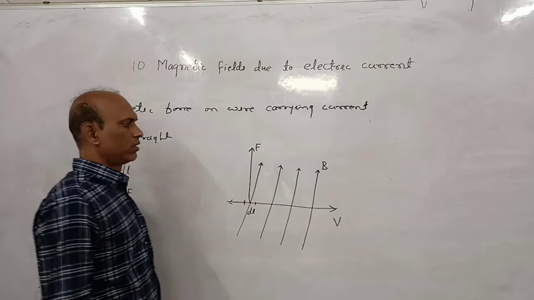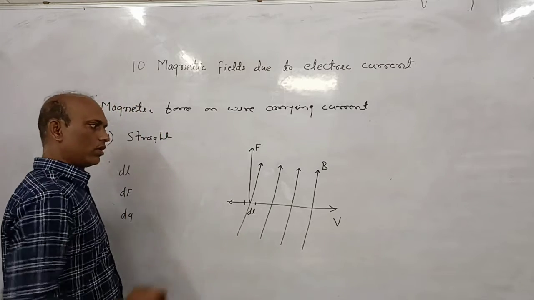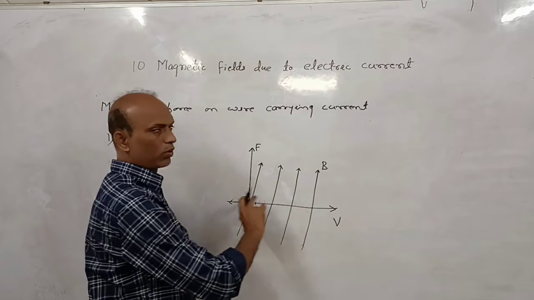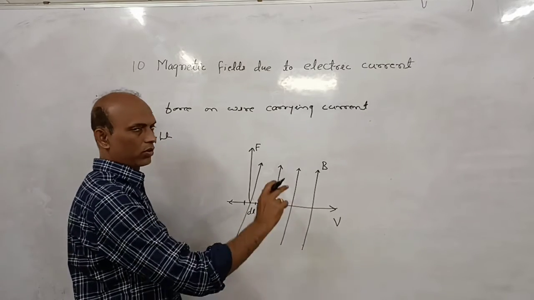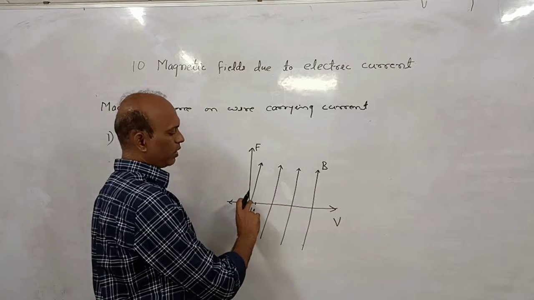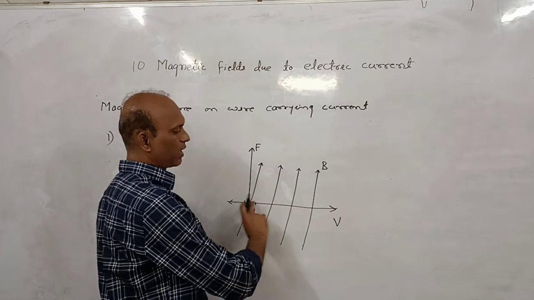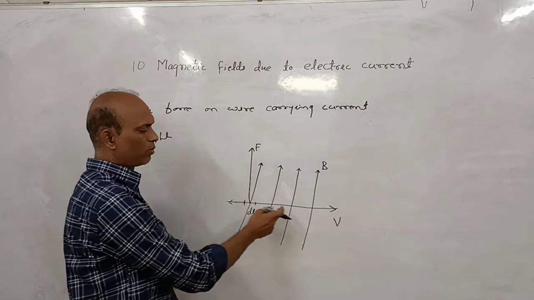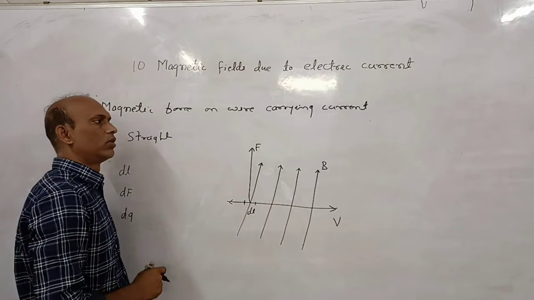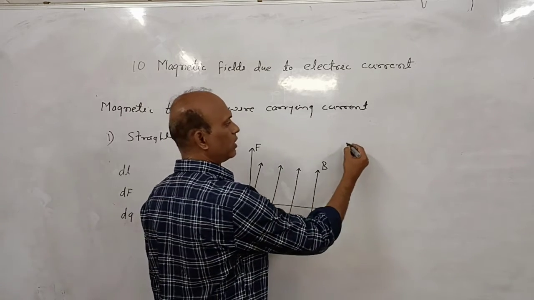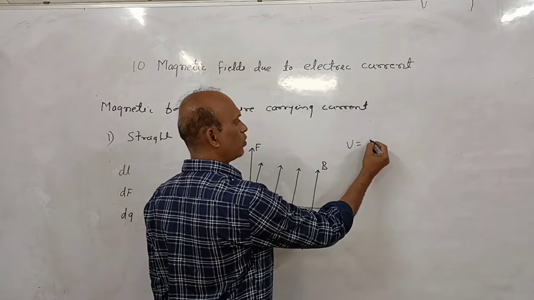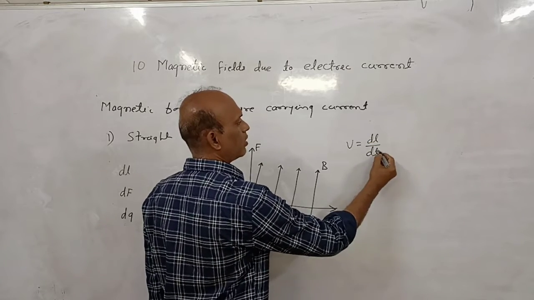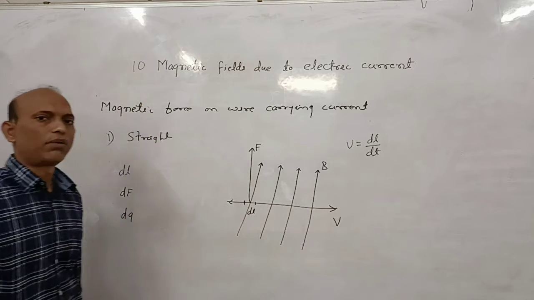In this case, we have to consider that the number of negative charges is equal to the number of positive charges, moving in opposite directions. If the negative charges are moving from this direction to this direction, the positive charges will be moving oppositely. The velocity is given by v is equal to dl divided by dt, that is length per unit time.